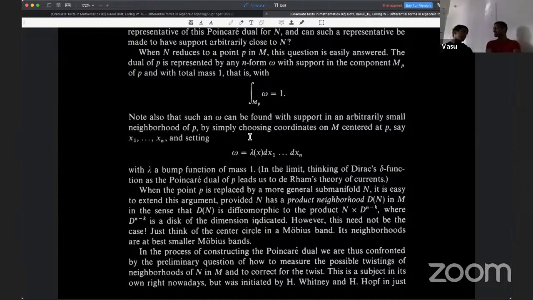How do I cook up a dual cycle? Like saying I have a distribution, but I want to know the support of this distribution, right? There's a way to do that in a precise way, and we can construct the Poincare dual cycle to any cohomology class, which is really important if you want to do any calculations. But that goes through something called Poincare's lemma.